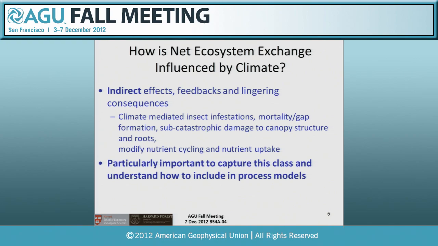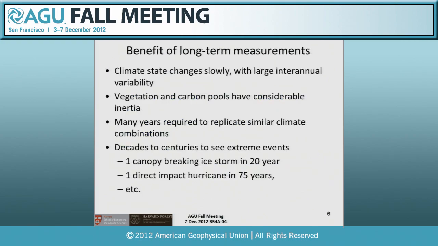A small storm will make gaps, which is not quite as severe as knocking down the whole forest, so subcatastrophic effects. And how does climate affect nutrient cycling, nutrient uptake, the capacity of plants to take up nutrients? I think it's these indirect effects and feedbacks that we really need to know more about.